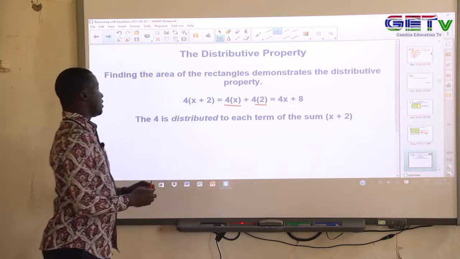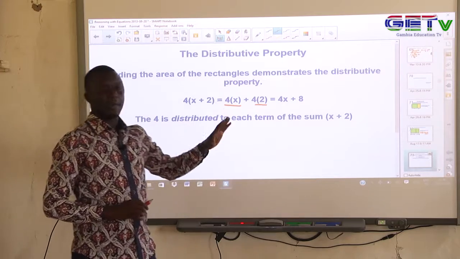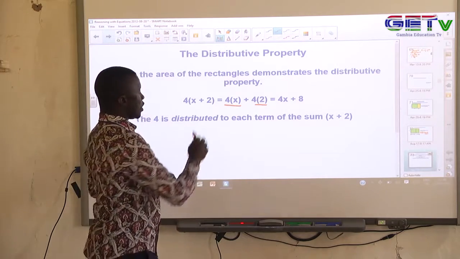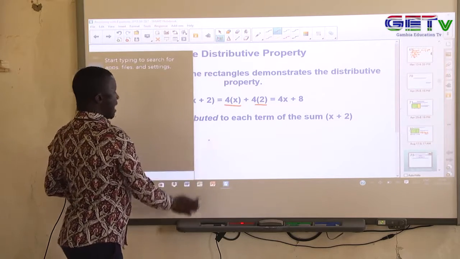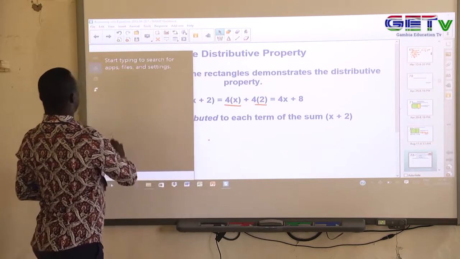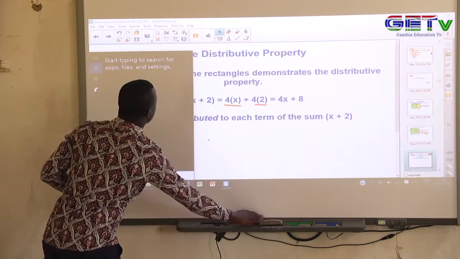The 4 is distributed to each term of the sum x plus 2. Why? Because 4 stands outside the bracket, which is why we multiply everything that is inside the bracket with the 4.